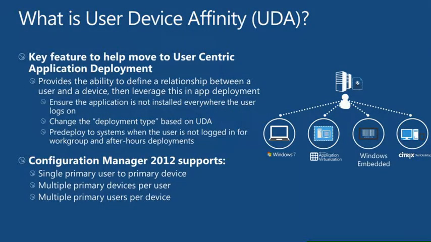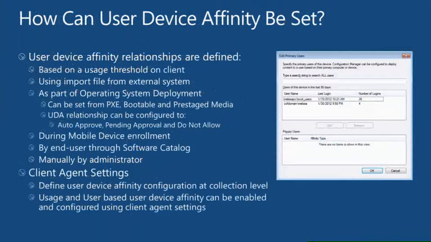Based on that, an admin can define local applications for a primary device, and if somebody is roaming to a loaner machine, going to a kiosk, then provision, let's say, a virtual app for that machine. So we use this user device affinity to provide that level of granularity.